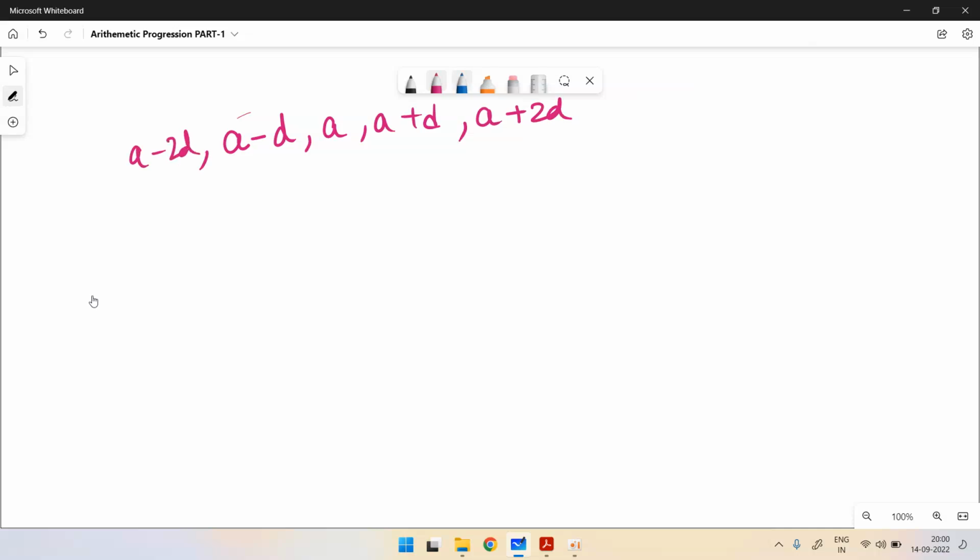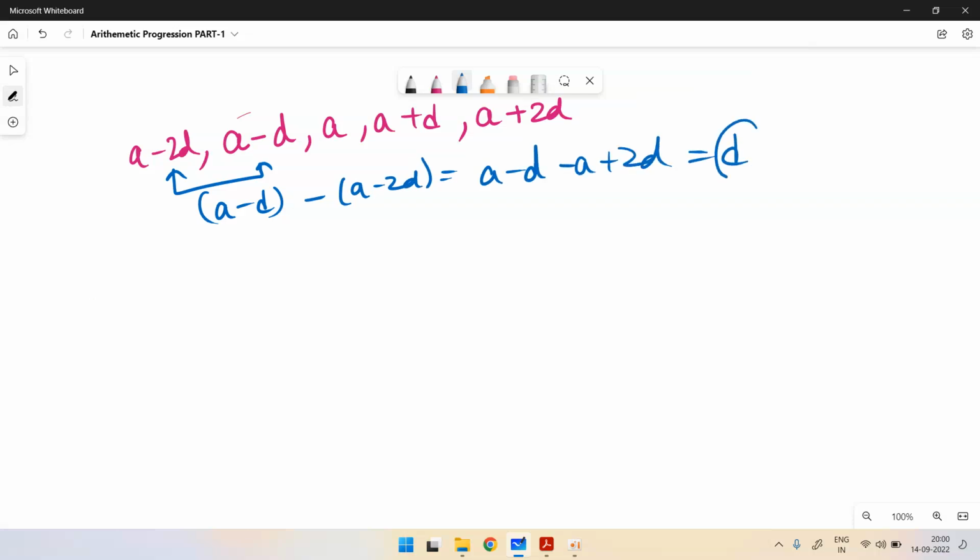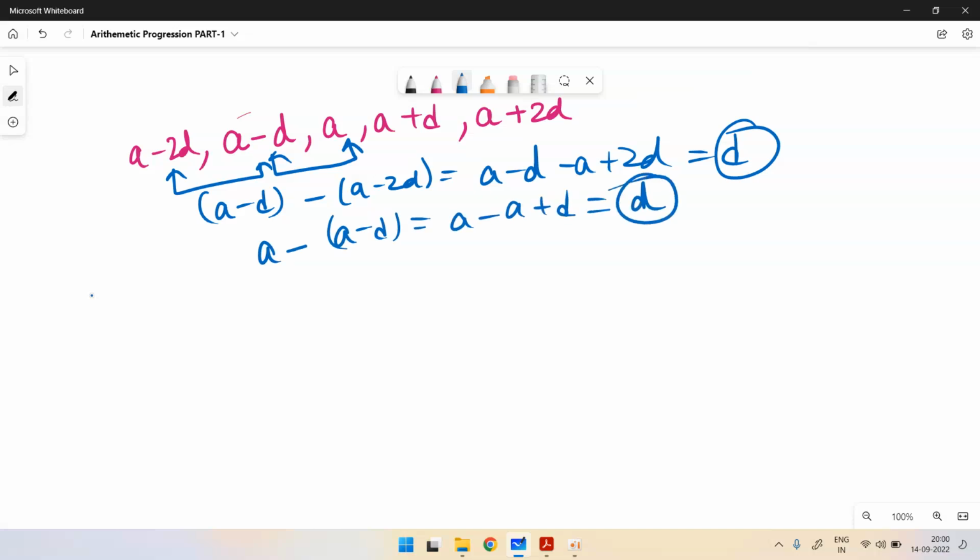Now if you see this difference, second term minus first term, this is A minus D minus (A minus 2D), nothing but A minus D minus A plus 2D, which is D. The common difference here is D. Even if you subtract these two, A minus D means nothing but A minus A plus D, nothing but D only. The common difference remains the same, which is D.